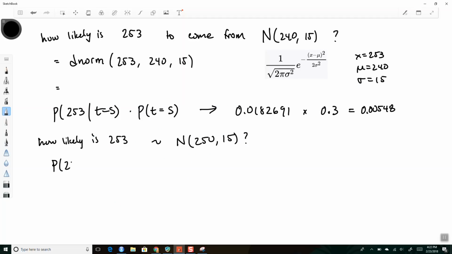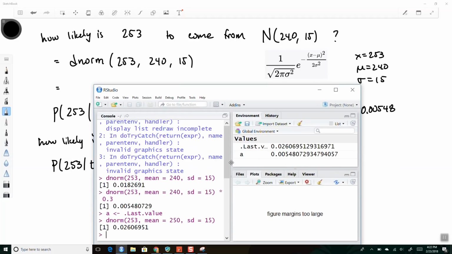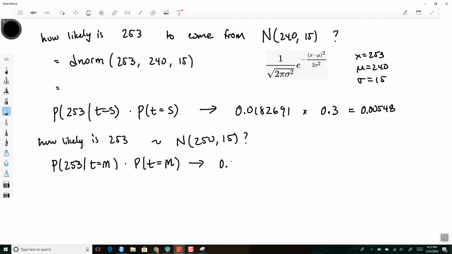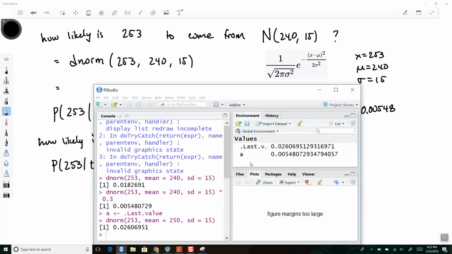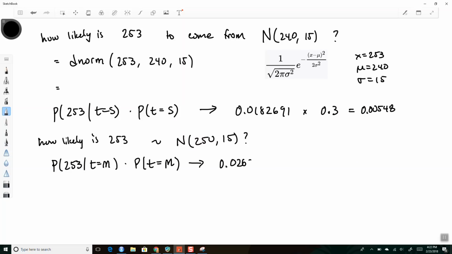So the probability of 253 given class is medium, times the probability that t is equal to medium. This is going to be 0.026069. And then the prior probability of being class medium before we looked at any measurements was 50%, right?